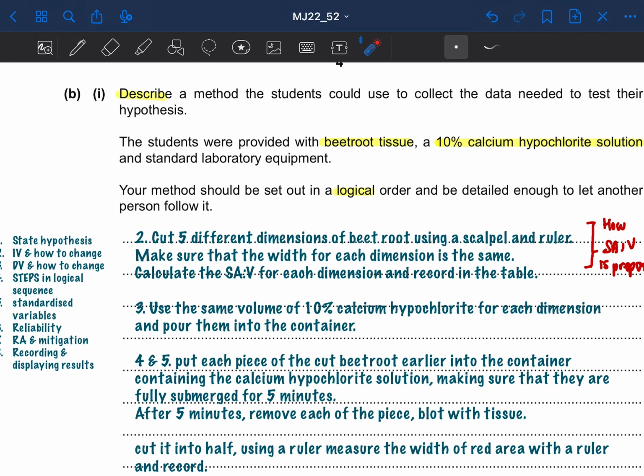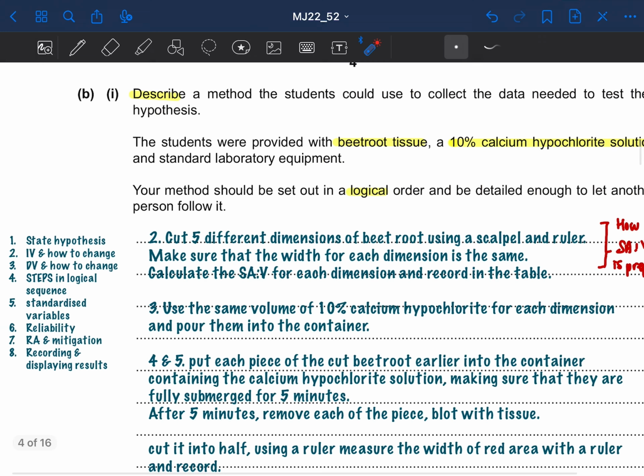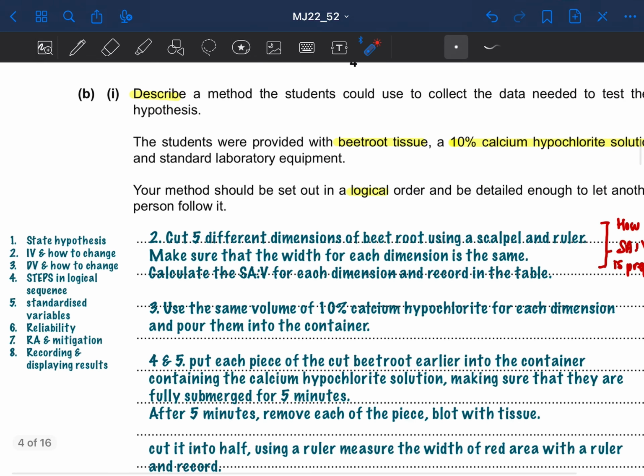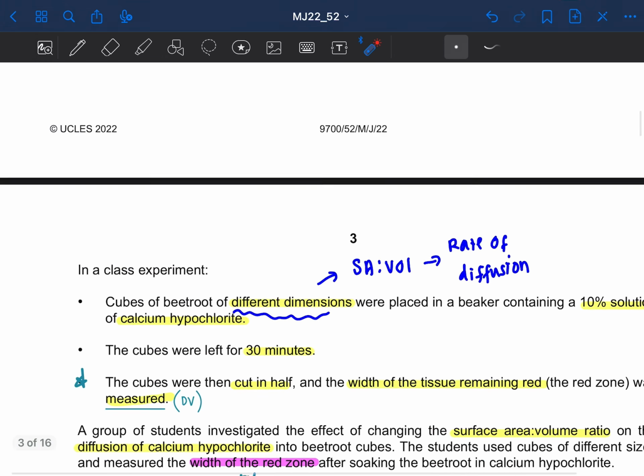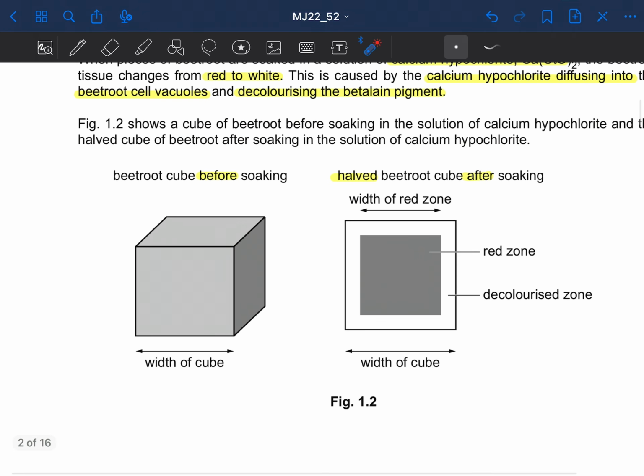All right, and then of course, we also need to remember there are things that need to be standardized, right? We have to keep our methods the same. Now, if we look at the description in the question, notice that there's a specific width at the start that we should keep the same, because we want to be measuring how the decolorization occurs from this width.